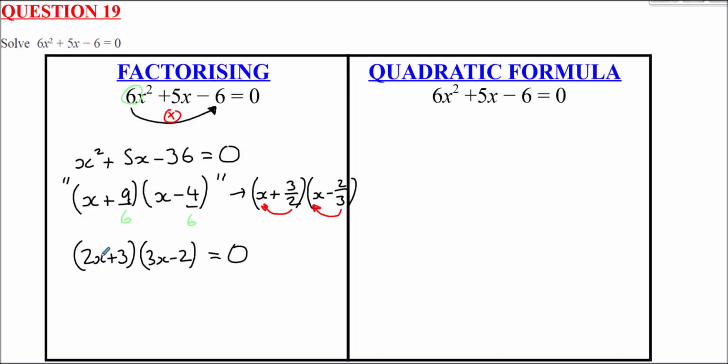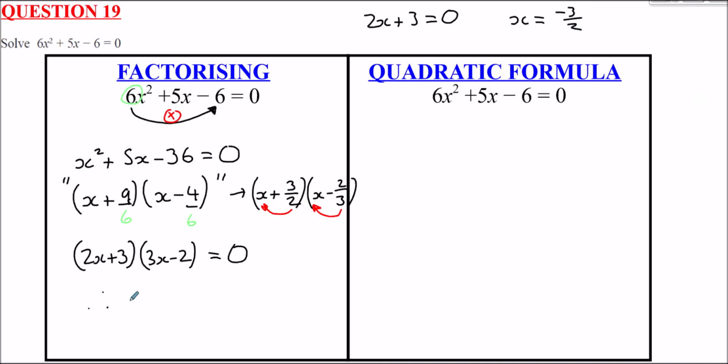So what we need to think about is what value of x in the first bracket would make this bracket equal to 0. So 2x plus 3 equals 0. If you solve that equation, you should find, if you minus 3 from both sides, then divide by 2, x is minus 3 over 2. The same fraction here with its sign switched.